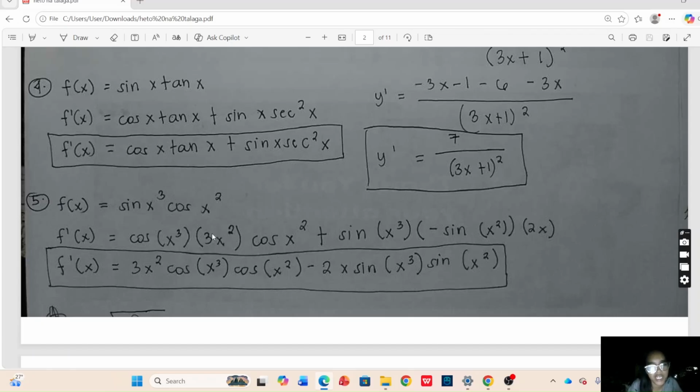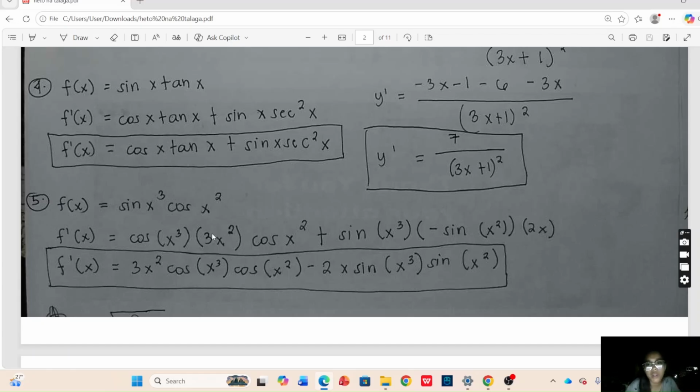Differentiating cosine of x squared, the derivative becomes negative sine of x squared multiplied by 2x. Substituting into the product rule formula, the final derivative becomes 3x squared cosine of x cubed cosine of x squared minus 2x sine of x cubed sine of x squared.